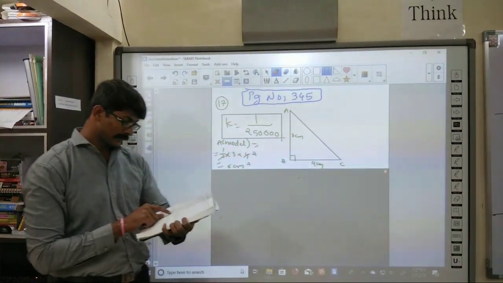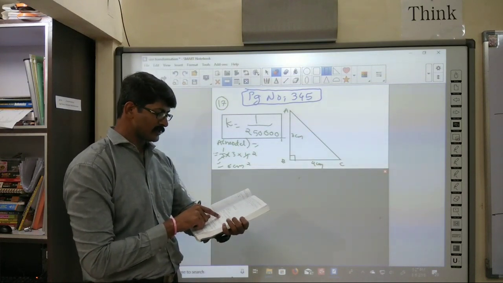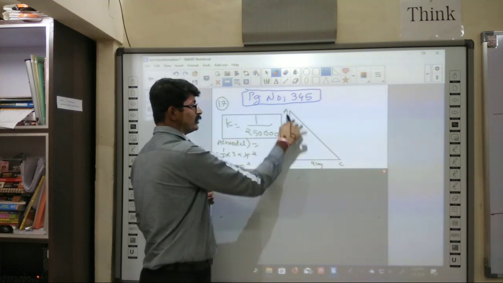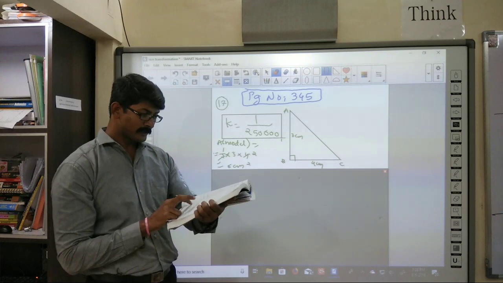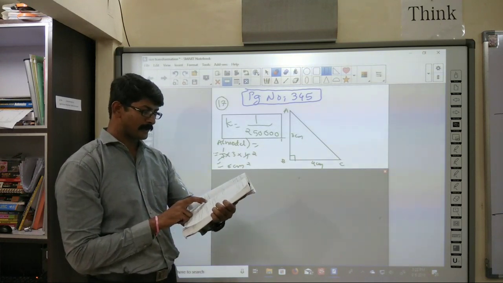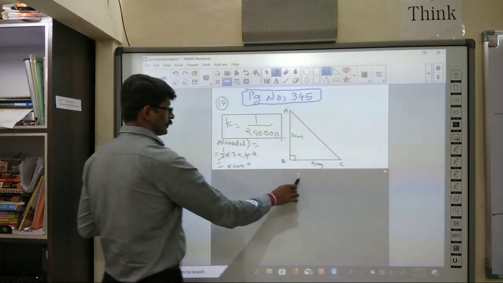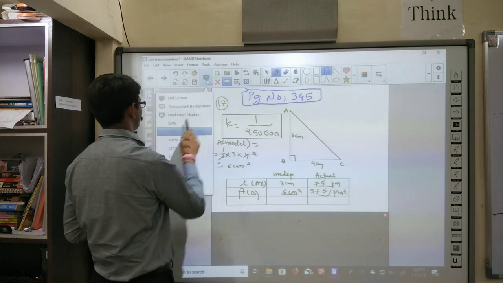It's given that AB is equal to 3 centimeter, BC is equal to 4 centimeter, and angle ABC is 90 degree. So in triangle ABC, angle B is 90 degree, AB is 3 centimeter, and BC is 4 centimeter. Next, calculate the actual length of AB in kilometers. See, we have to calculate these following things.